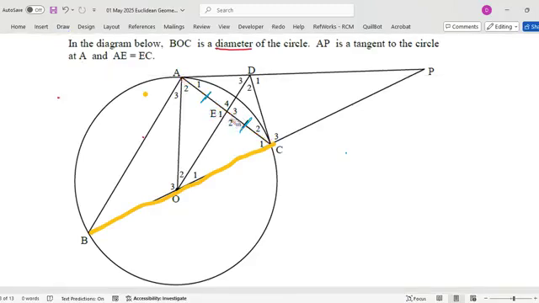If you check, you are told that AE is equal to EC. That's what you're told. So then what can you say about angle E1 and angle E2? Each equals 90 degrees. Thank you for that.